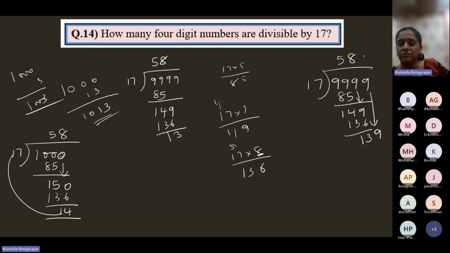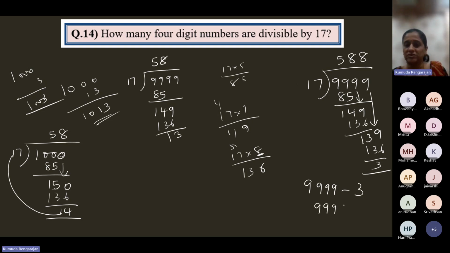Again, 17 8s are 136. 3 is a remainder. Now to find the last number, directly subtract the remainder from the dividend. Dividend 9999 minus the remainder, so 9996.